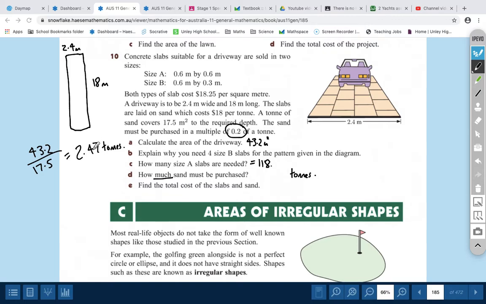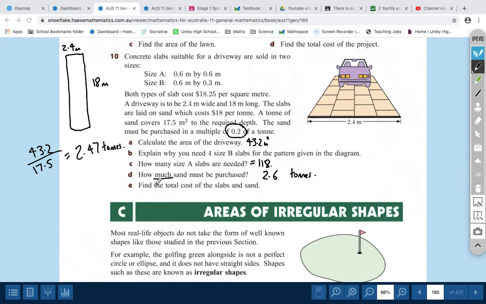All right, so that would mean you could buy 2 tons, you could buy 2.2, you could buy 2.4, but you'd have to go up to 2.6, right, if you're looking at these 0.2 multiples. So we'd actually need to round this all the way up to 2.6. 2.6 tons. The total cost of slabs and sand.